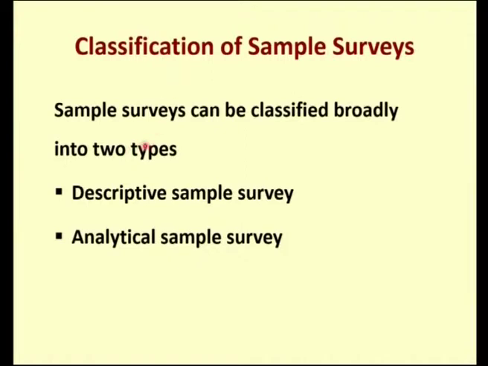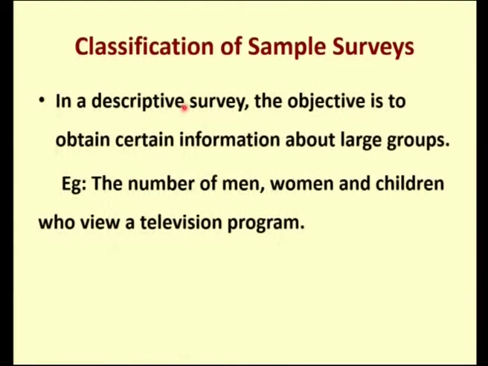We can classify the sample survey into two types, the descriptive sample survey and the analytical sample survey. Now, we will see what a descriptive sample survey is. In a descriptive sample survey, the objective is to obtain certain information about large groups; no comparison is made between the groups, we simply obtain the information about the groups.